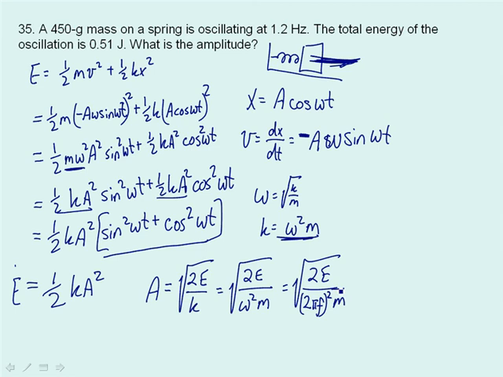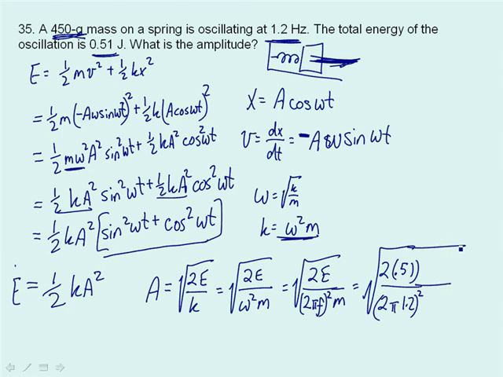Now I have everything that I need, because f is 1.2 hertz, mass is 0.45 kilograms, and E is 0.51. So this is the square root of 2 times 0.51 joules divided by 2 pi times 1.2 hertz squared times m, which is 0.45 kilograms. And that gives us the amplitude, which turns out to be about 20 centimeters, 0.2 meters.